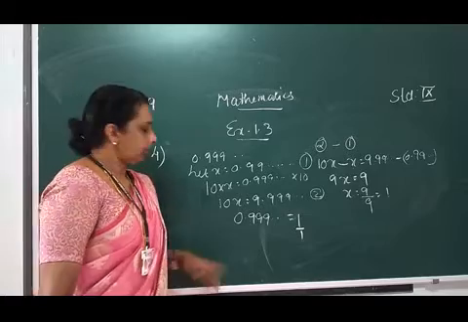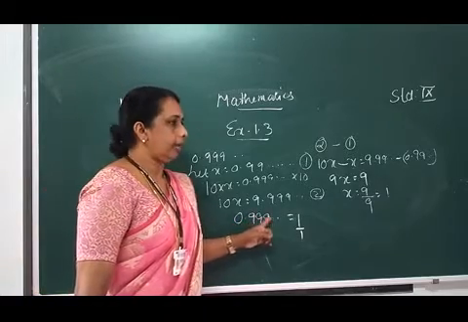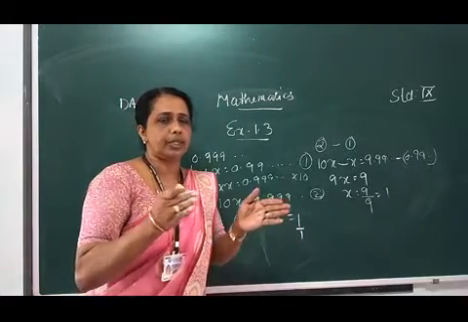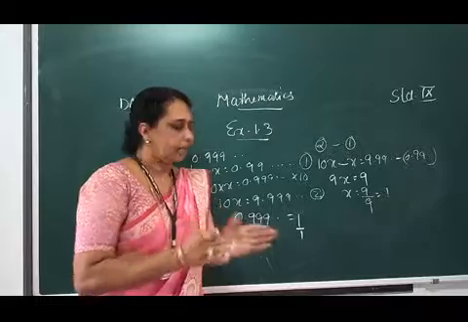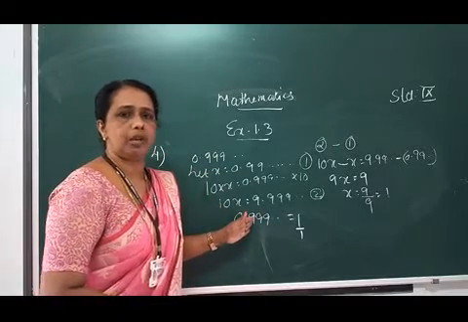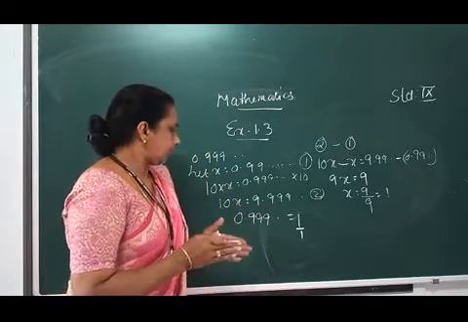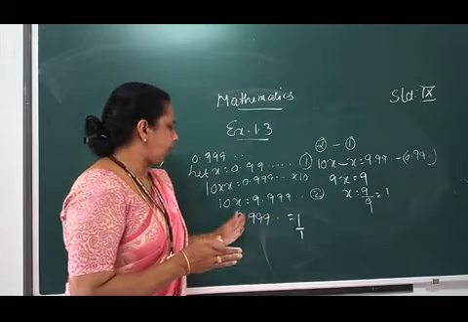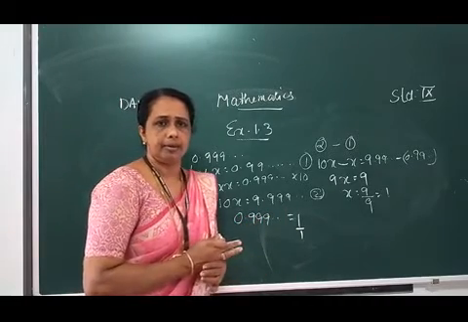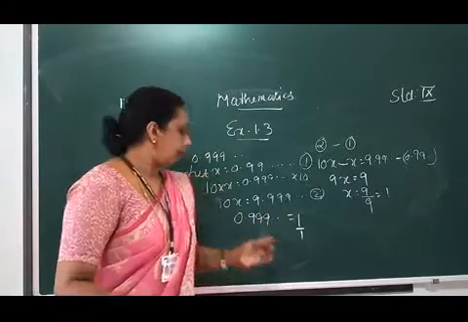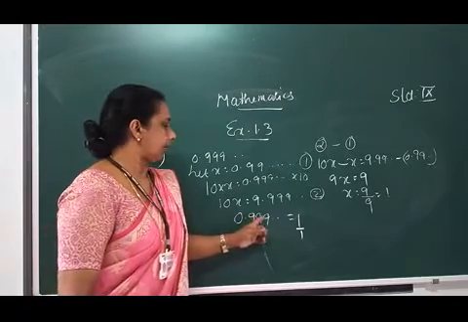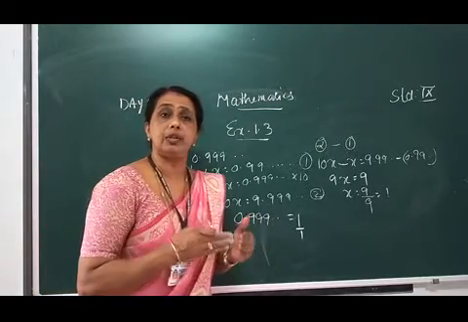Why? Because 0.999 etc. is closely related to 1. Its approximate value is equal to 1. There is only a slight difference between 1 and 0.999 etc. Or simply we say that 0.99 etc., its approximate value is equal to 1.